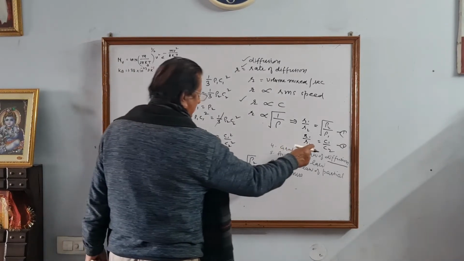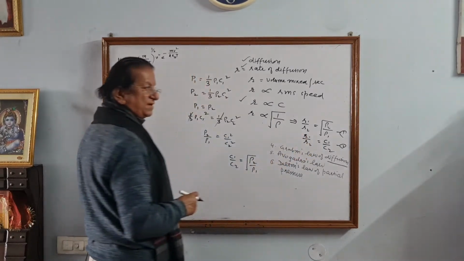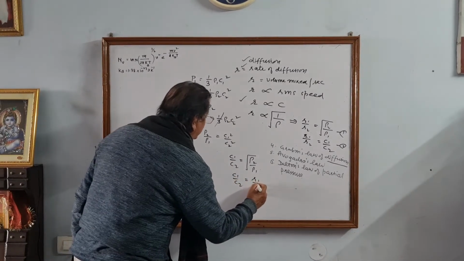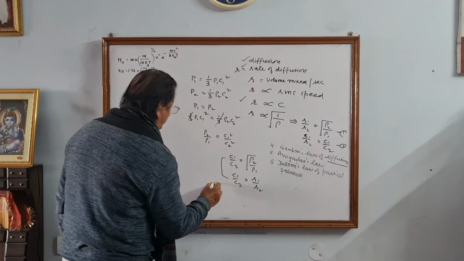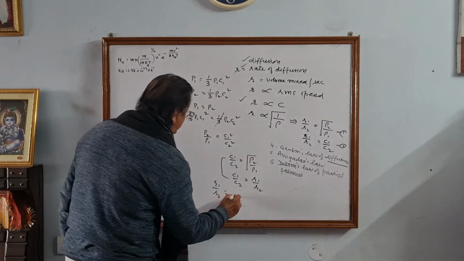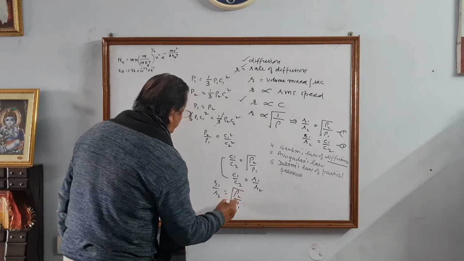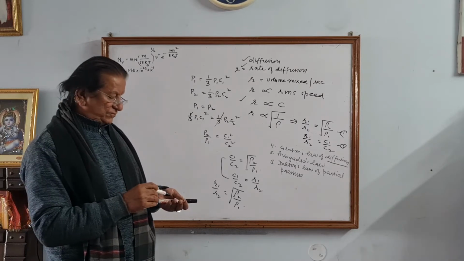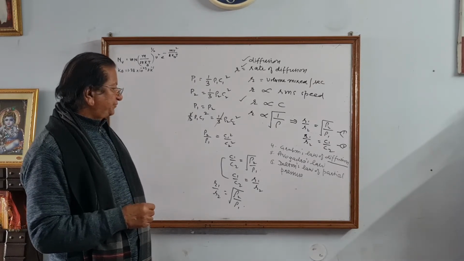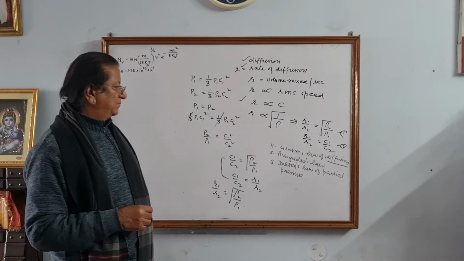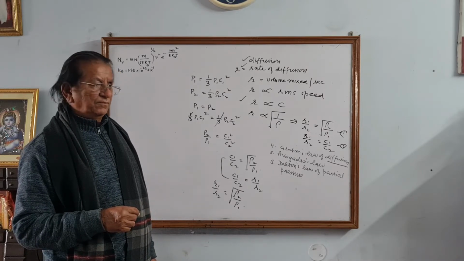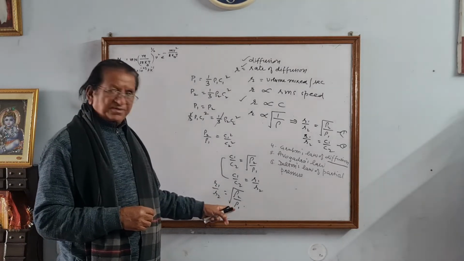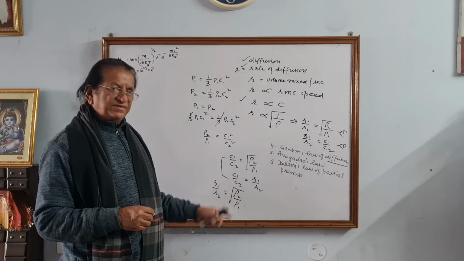Then make use of this. C1 by C2 is equal to R1 by R2. We have C1 by C2 is also equal to R1 by R2. Equating these two, you will get R1 by R2 is equal to rho 2 by rho 1 under root. Rate of diffusion inversely proportional to square root of density.